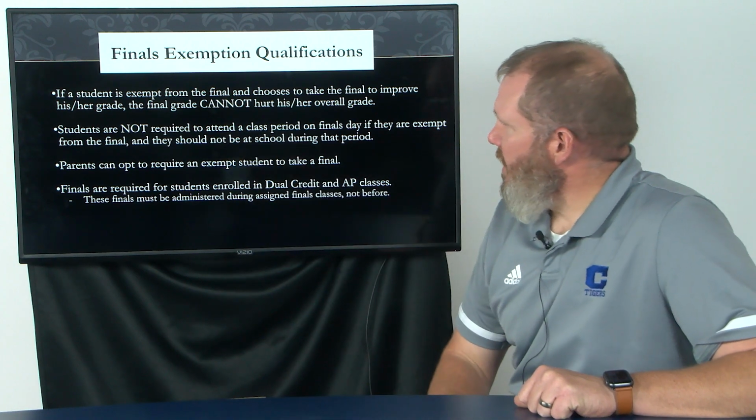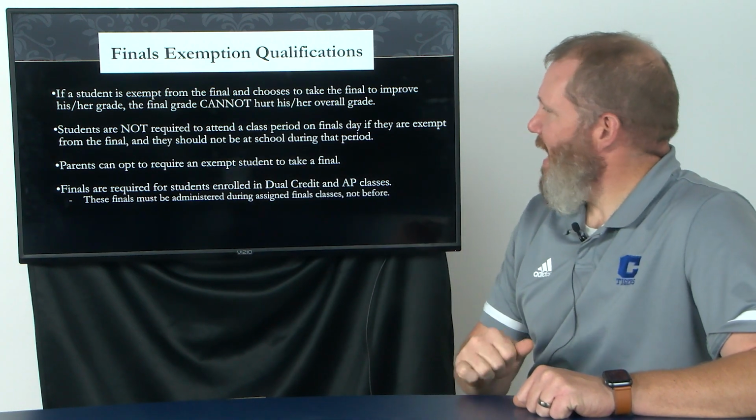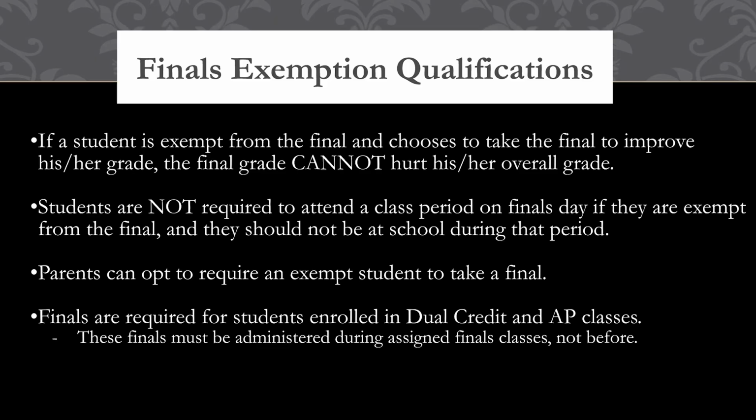If a student is exempt from the final and chooses to take the final in your class, that grade can only improve their grade. It cannot hurt their grade. They are not required to attend class during the period that the final is given. And parents can opt to require their students to take their final.